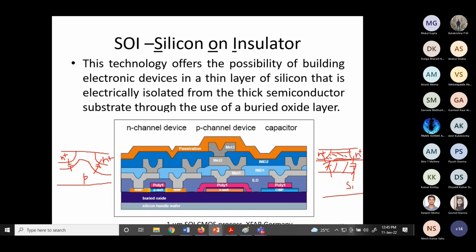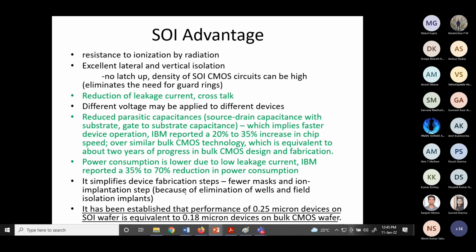So you manage to scale down the device without damaging the high frequency application. This is one of the advantages of SOI. Another advantage is you manage to reduce the crosstalk between different devices, because this silicon and this silicon are no longer connected. So there is no leakage current from one device to another, and so on and so forth. I have jotted down several advantages, but I'm just keeping it for the time being.